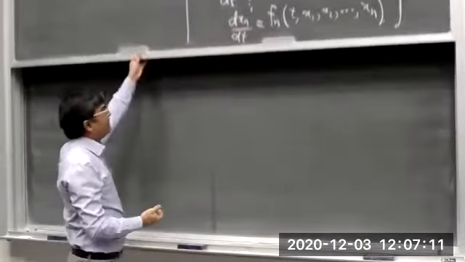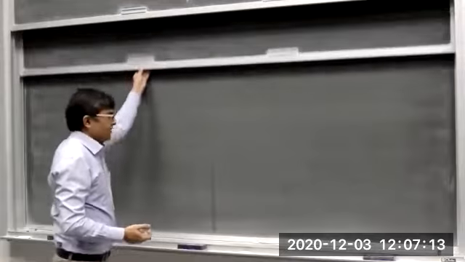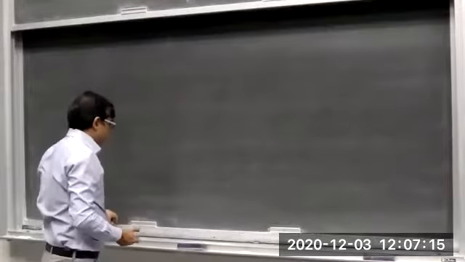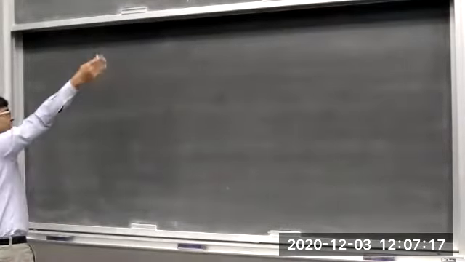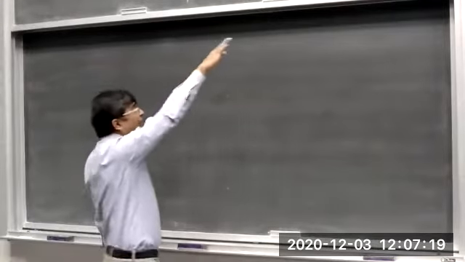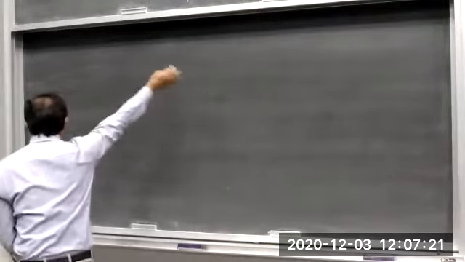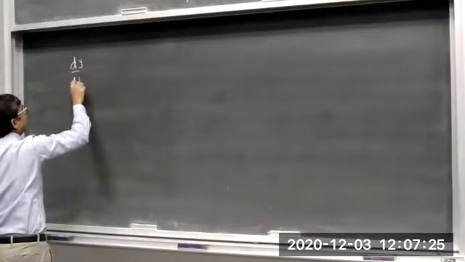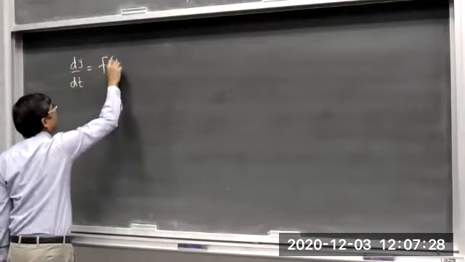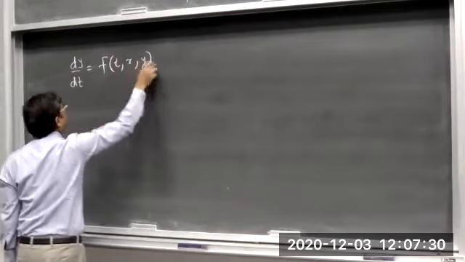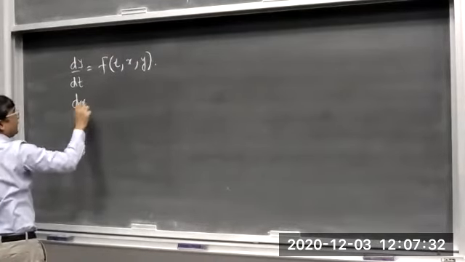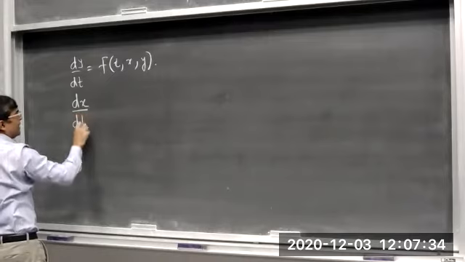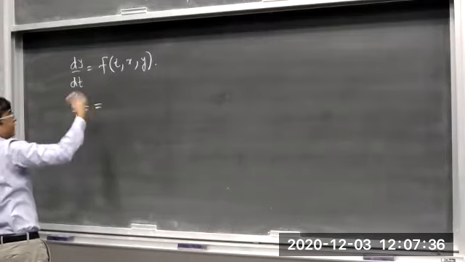For example, if I define a system of two differential equations, then I can use different variables. Otherwise, I have to define n variables, so I took the index of all the variables. For example, I can define dy by dt is equal to some f of t, x, y, and the other variable, x, is a function of t.